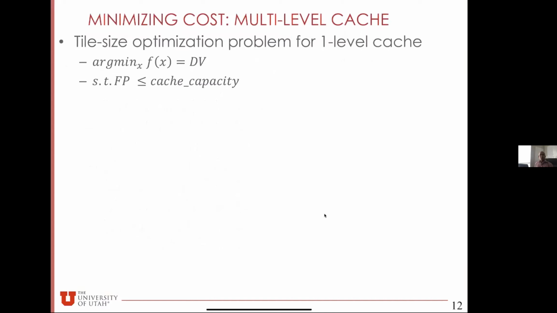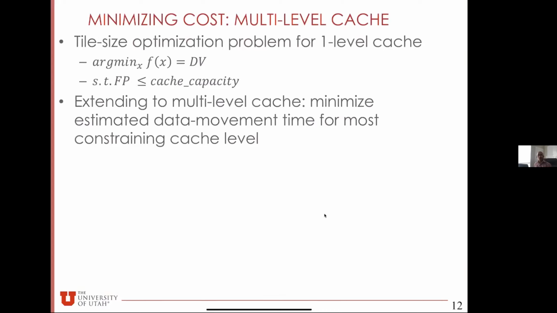Okay, so now let's look at what happens when we want to model a multi-level cache. First, let's look at the tile size optimization problem for a 1-level cache. For a 1-level cache, the optimization problem is to find X that minimizes this function for the data volume expression, such that the footprint is less than the cache capacity.